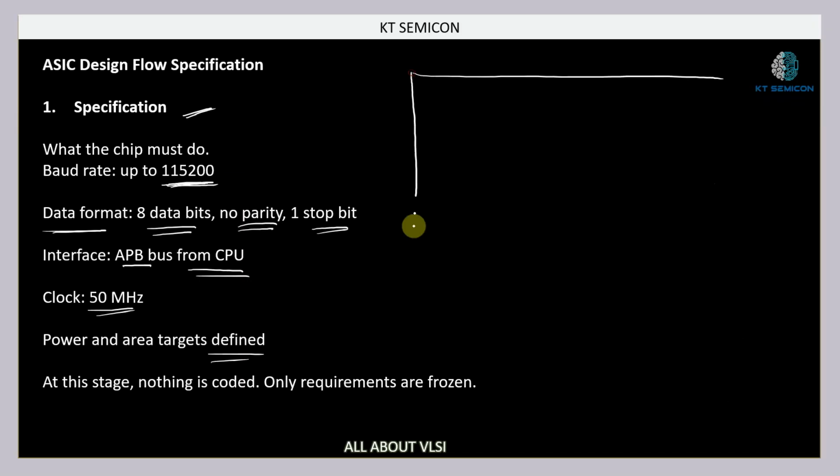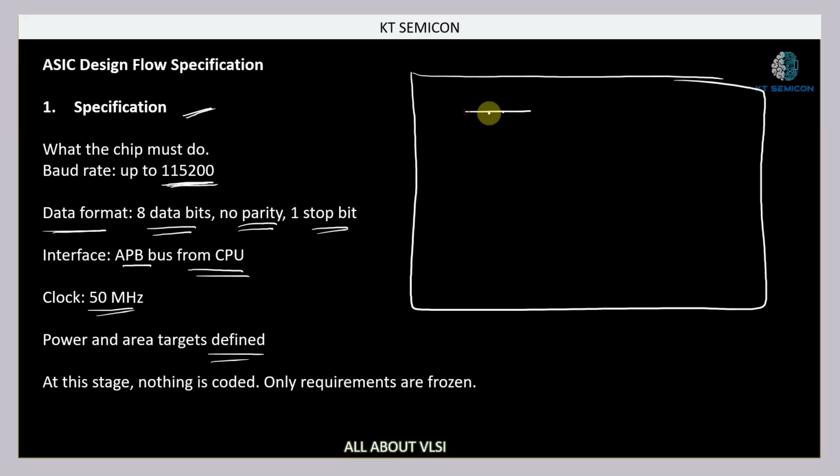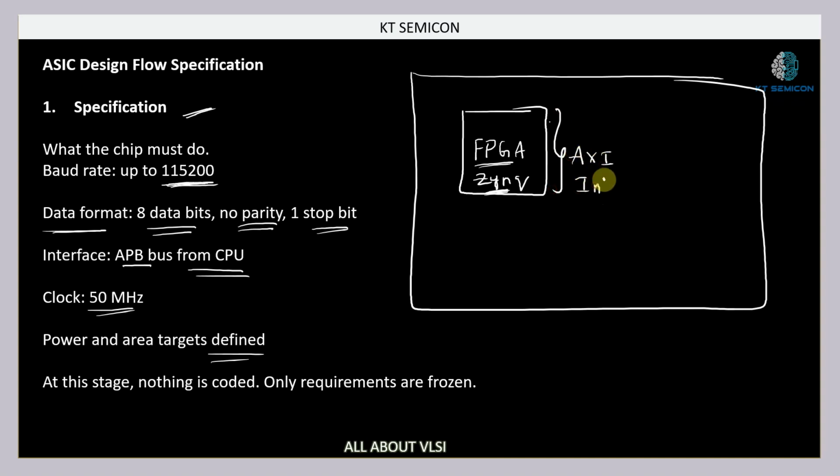So let's say I will take the example of the FPGA only. We are going to learn this Zynq FPGA, right? Generally, this Zynq FPGA is going to have an AXI interface. What do I mean by the Zynq FPGA having an AXI interface? It is nothing but the Zynq FPGA having AXI signals.